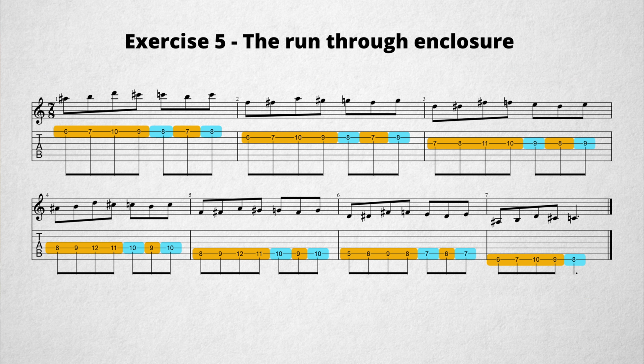The next exercise is about a double chromatic enclosure with a run-through applied to the notes of the C major triad. Now it's up to you to create variations of these exercises and be creative.